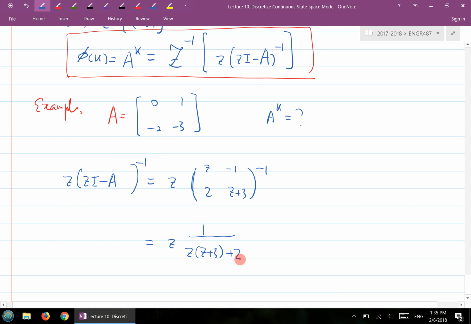Then inside here, this is Z plus 3, this is going to be Z, and that's going to be 1, negative 2.